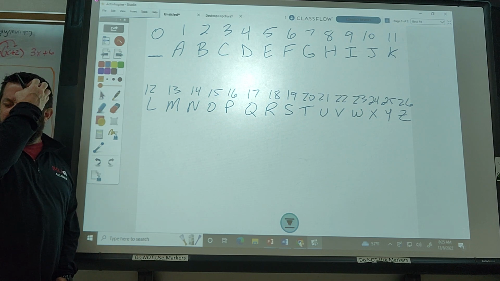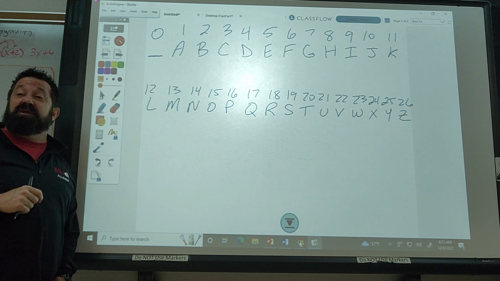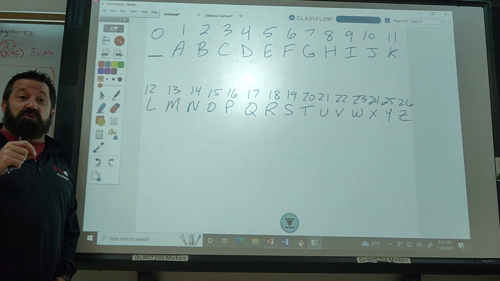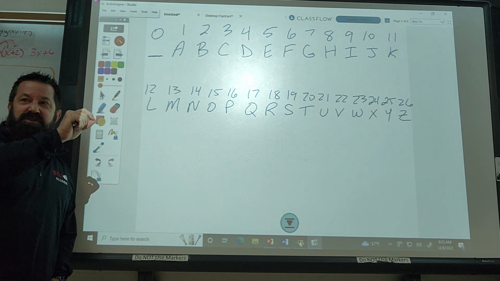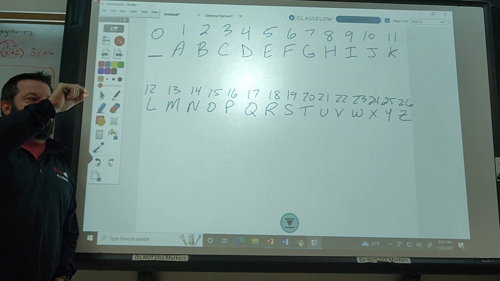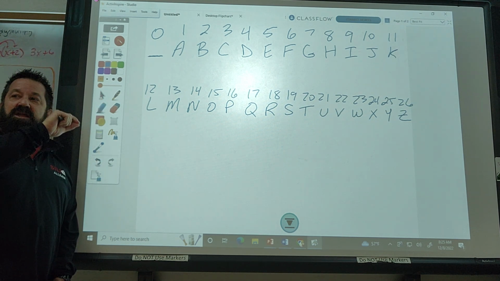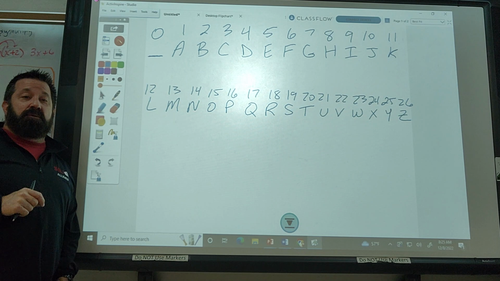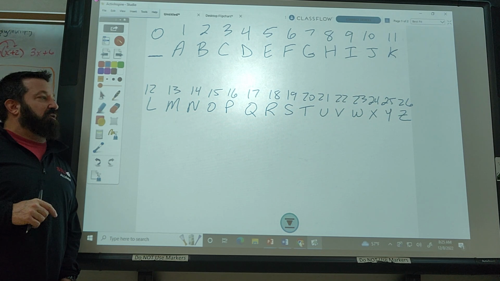If you play Wheel of Fortune, there are certain letters that come up more frequently than others in the English language, and those are the things you start guessing. You go, well, maybe this number that keeps repeating is the letter R, and so forth. You can use that to do a process of elimination and figure out what the message is.